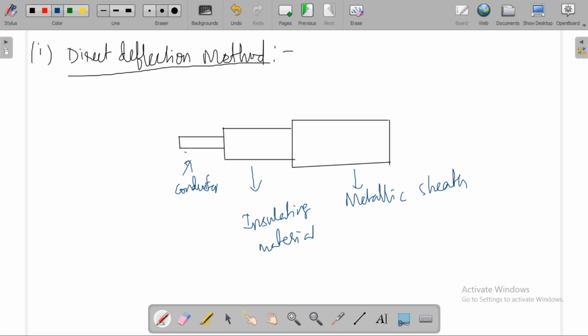Now, to know the current flowing through this, we place an ammeter in series with this. Now we use a voltmeter. Let me apply voltage.